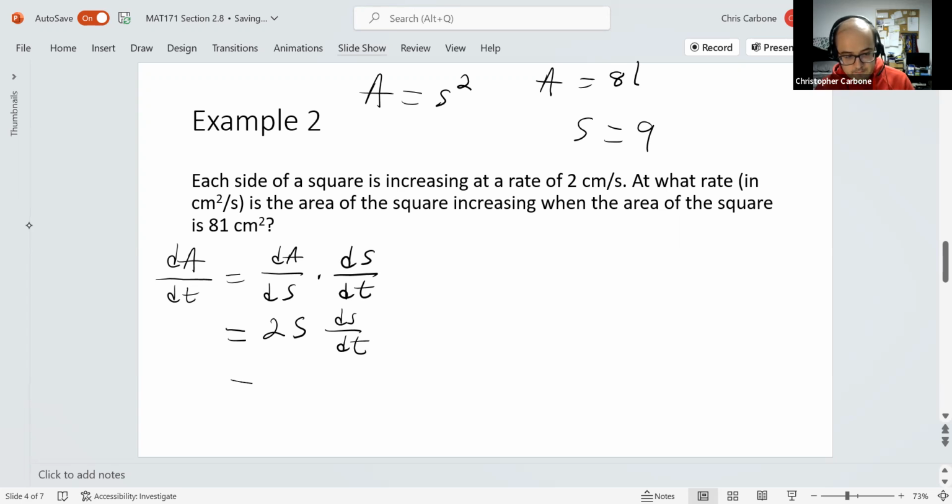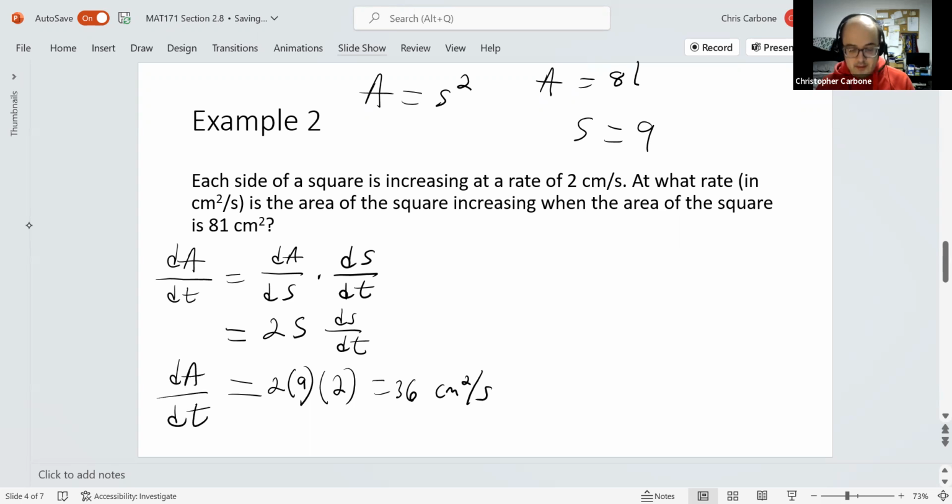The side length here is 9, so we have 2 times 9, and we were told the side length is increasing by 2 centimeters per second. So 2 times 9 times 2 gives us 36 centimeters squared per second. That's the derivative of the area with respect to time.